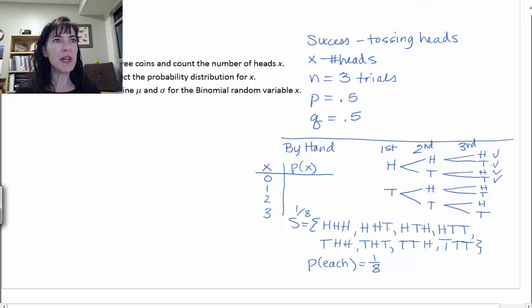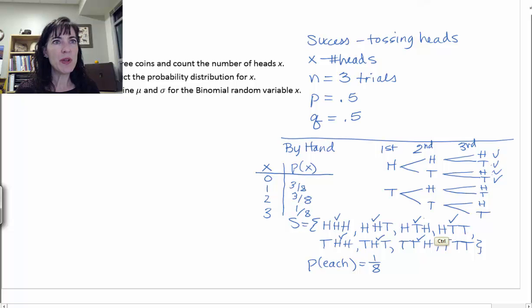This has 2 heads, this has 2 heads, so I'm going to put little check marks when I take care of them. If I'm counting the ones with 2 heads, I have 1, 2, 3 of them, so that's going to be 3/8. Where I only have 1 head, there I have 1, 2, 3, and so that one is 3/8.